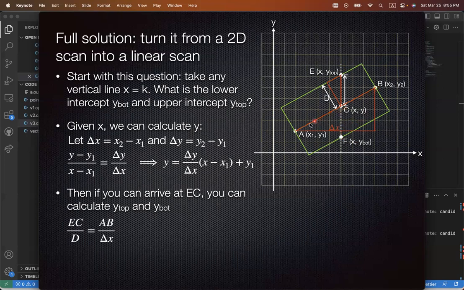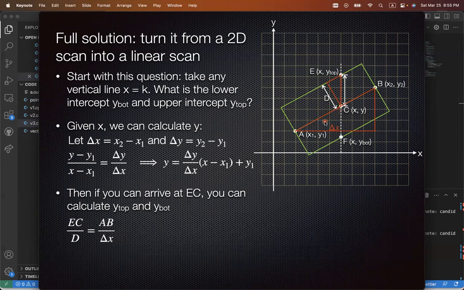Well, can you see these two red triangles? They are equivalent triangles, as in this angle is the same as this angle. And so you can write down this equation. So take a moment, hit pause if you need to, and try to prove to yourself that these two are equivalent triangles.